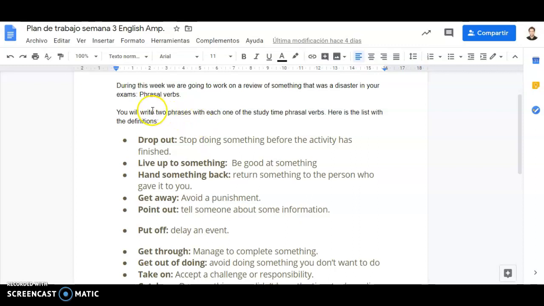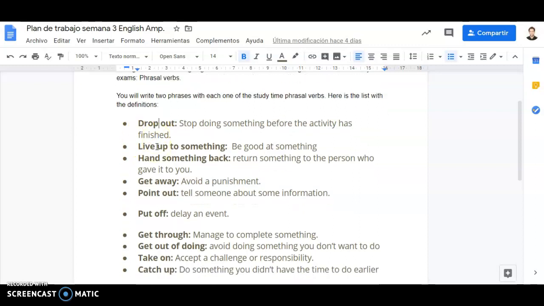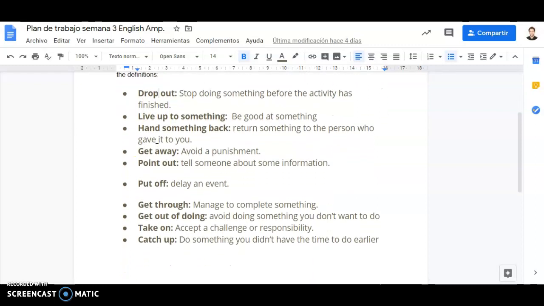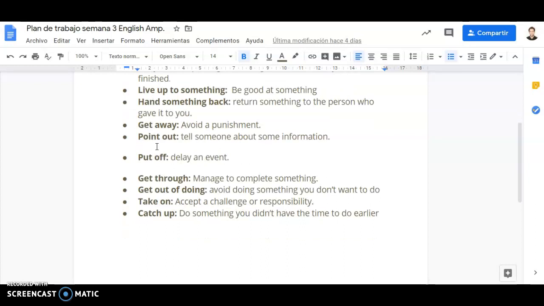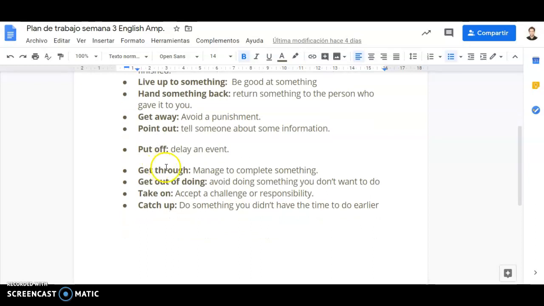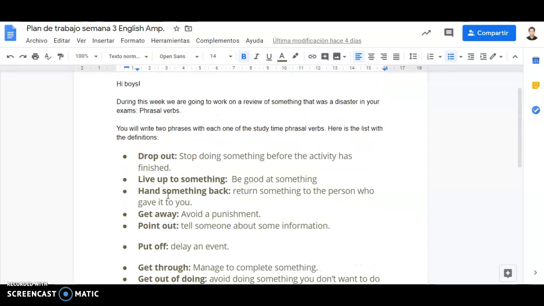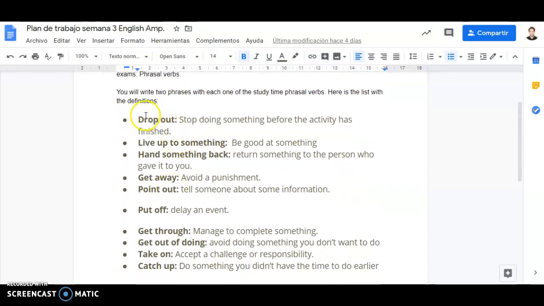We're gonna be writing two phrases using each one of the phrasal verbs that you have below. In this case, you have, for example, drop out, living up to something, hand something back, get away, point out, point off, get through, get out of doing, take on, catch up. Here you have the different phrasal verbs with the definition.